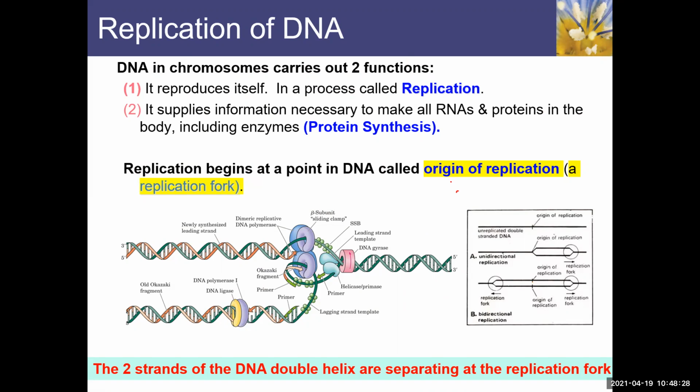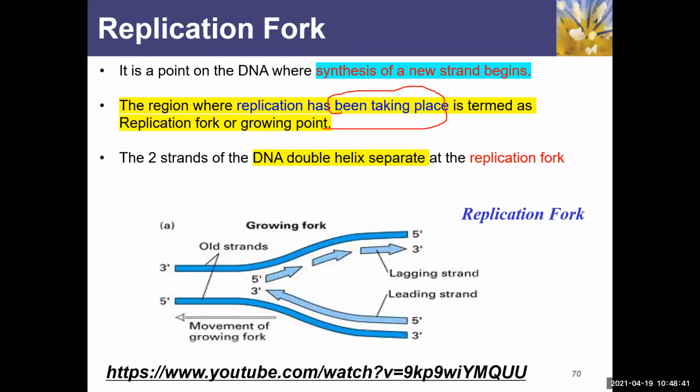Then number two, you have to know about the leading strand and the lagging strand. Okay, so what are the leading and the lagging strand? If you remember, we discussed previously that you need to remember the read up and write down formula, right?